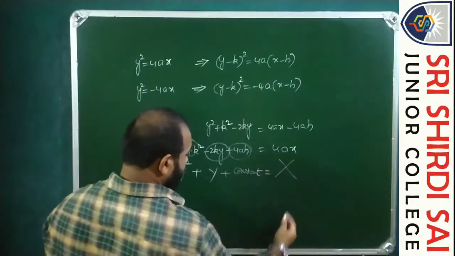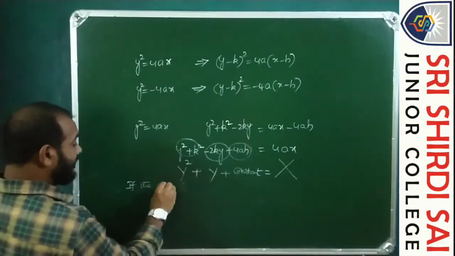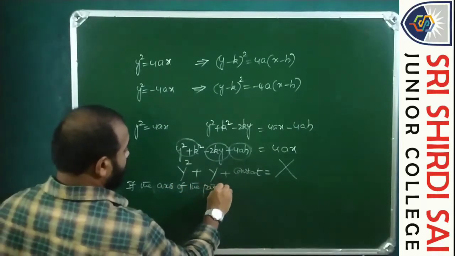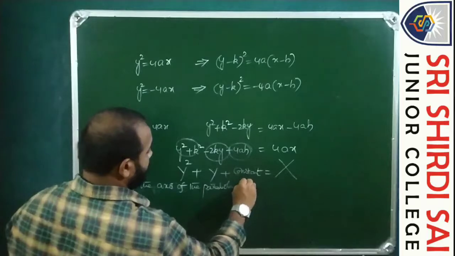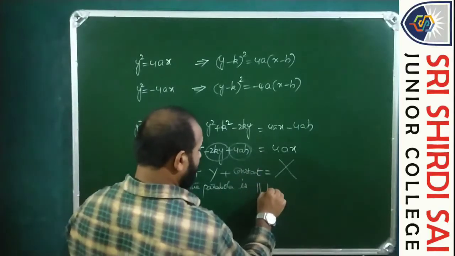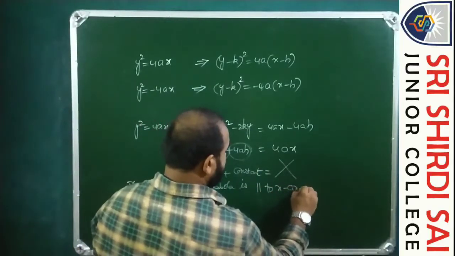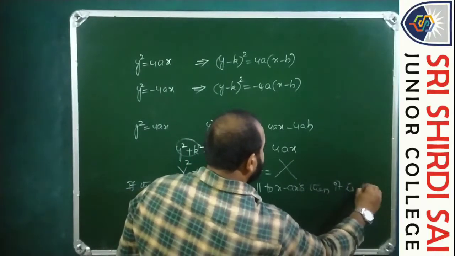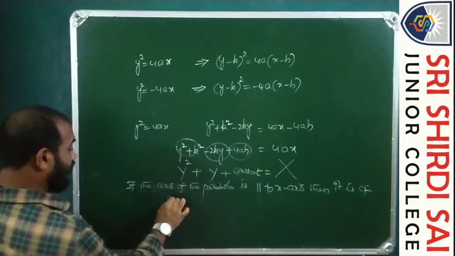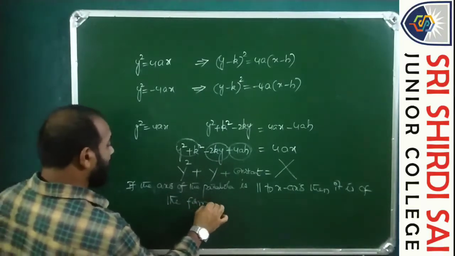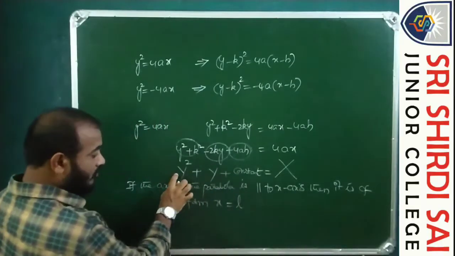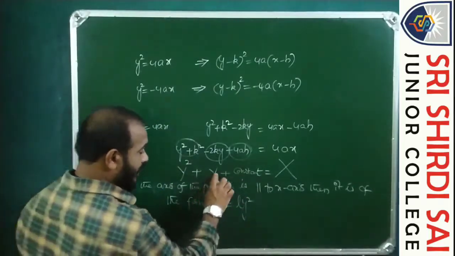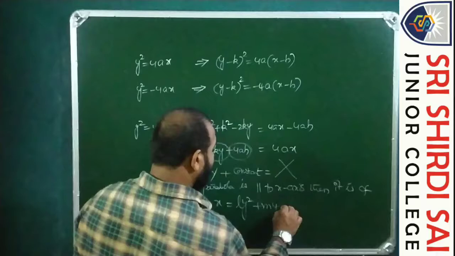Okay, that means if the axis of the parabola is parallel to x-axis, then it is of the form x equals ly square, some constant l, plus my plus n.